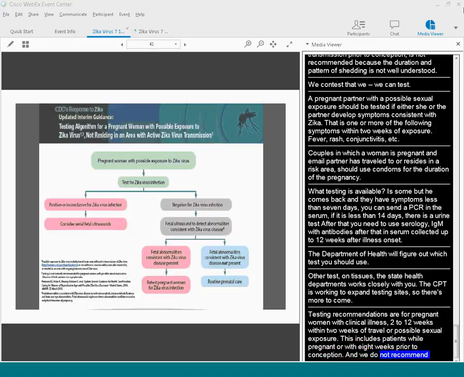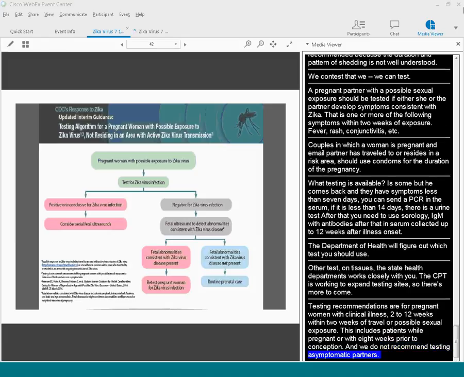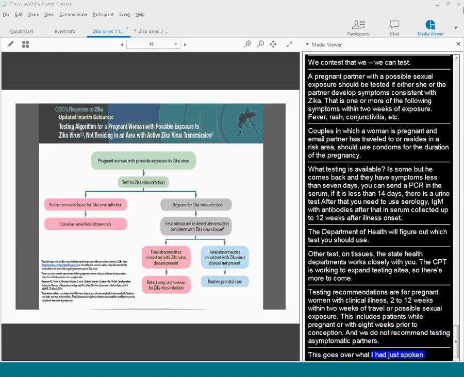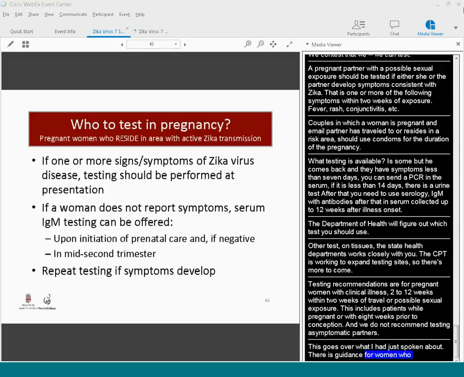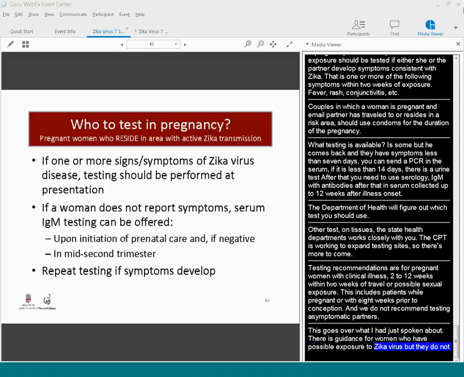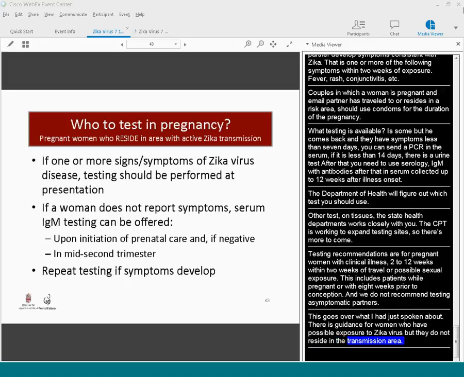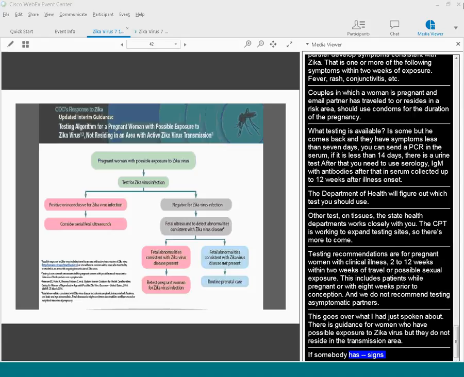There's interim guidance for pregnant women who have possible exposure to Zika virus but don't reside in a Zika transmission area, and we'll talk a little bit about that. So basically, if somebody has signs and symptoms of Zika virus disease, on the left side of the slide, then we do offer testing for them.